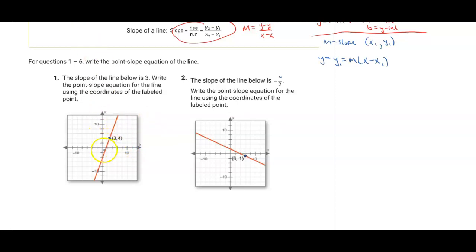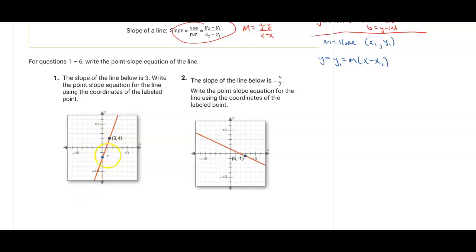So let's look at the first example here. They tell you the slope of the line below is 3. Write the point slope equation for the line using the coordinates. The reason we know the slope is 3 is if I take a journey from this point, we would go up so many over so many.